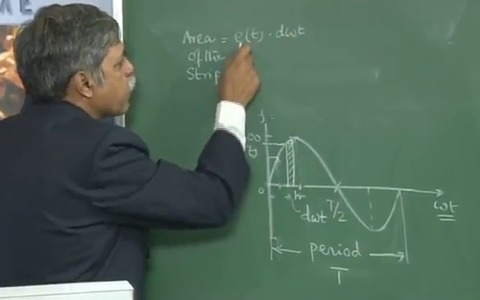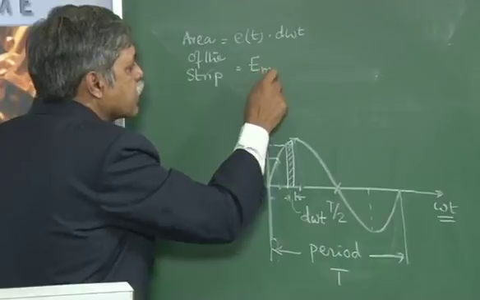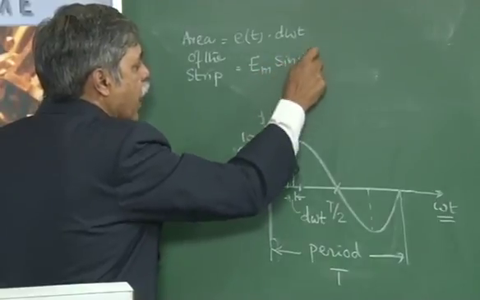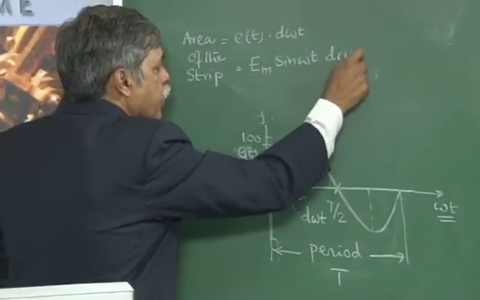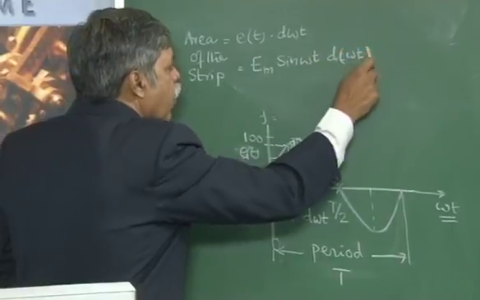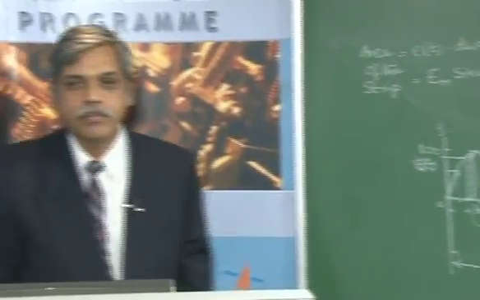The instantaneous value is the maximum value times sin omega t, times d omega t. So, this is the area under the strip: sin omega t d omega t.